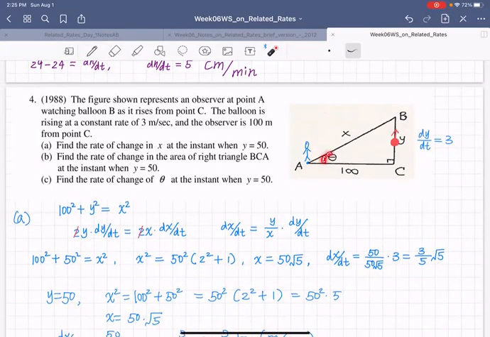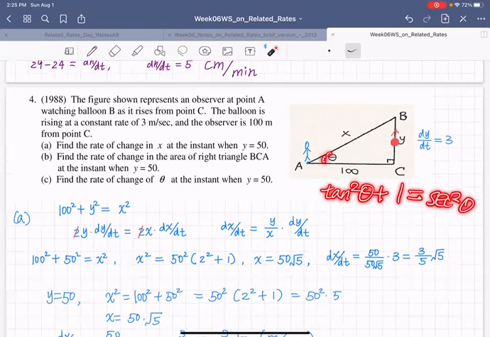Tangent theta. We have the trigonometry identity. This equals how much? Secant square. There you go.